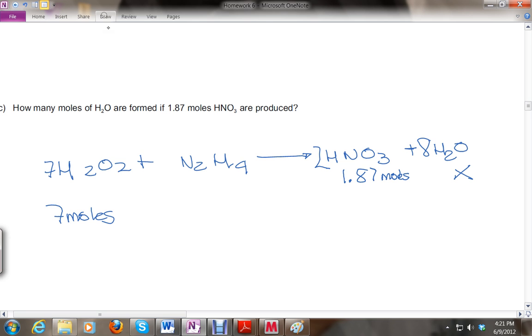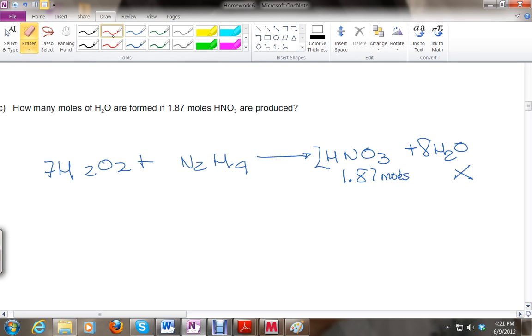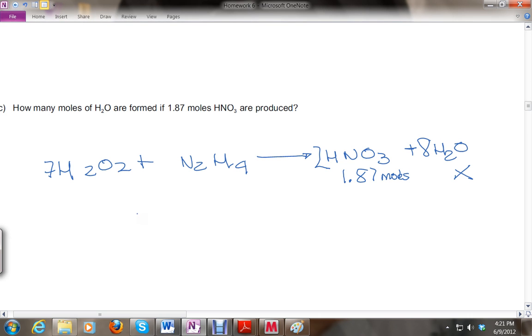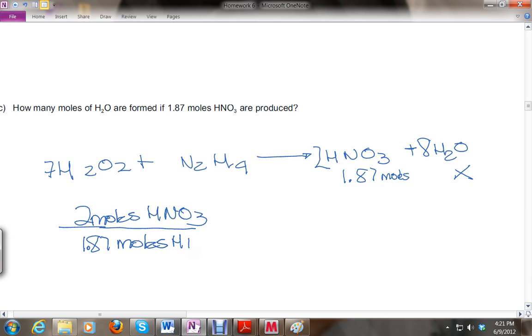So it's going to be 2 moles of HNO3 divided by 1.87 moles of HNO3. Or, as I said, 2 moles of HNO3 are going to produce 8 moles of water.